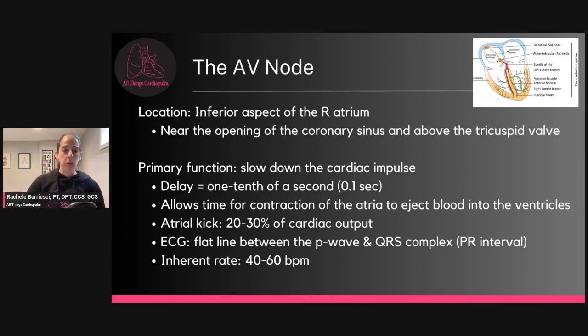So the reason why you care about the foundation is because it helps you answer more advanced questions further down the line. And the last piece of information that you need to know about the AV node is that it also has an inherent rate. And its inherent rate is 40 to 60 beats per minute. So it's a little bit slower than the SA node, but it's still pretty good. It's a good backup system.